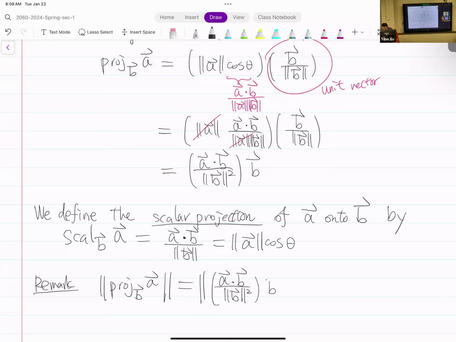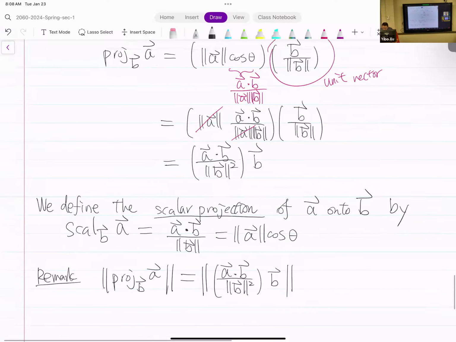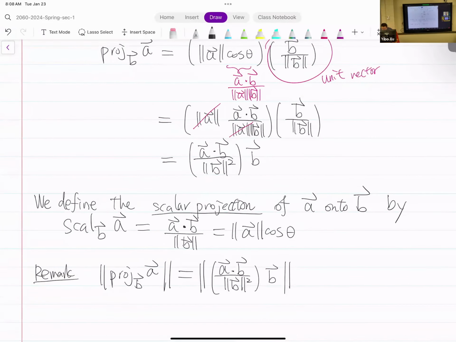I'm still going to keep the bracket to represent the scalar in front of a vector. What's inside the round bracket is a scalar, but it's possible that it's negative. So if we want to take it out, we want to make sure that the number we take out is non-negative. So we can take out the absolute value of that.